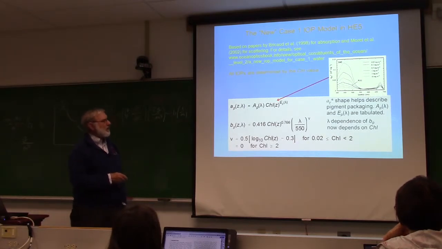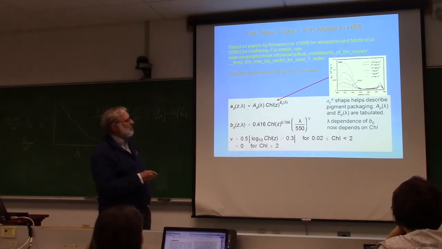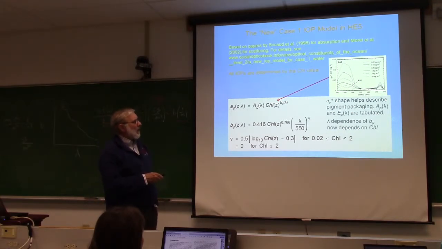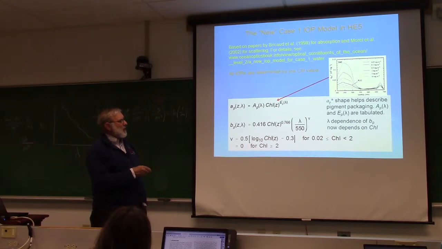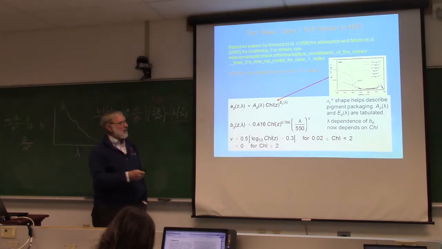And then she developed a model where we see at the upper curve 0.03 milligrams per cubic meter of chlorophyll, down to the lower, flatter curve, 10 milligrams per cubic meter. So, as you've learned, the shape of the chlorophyll-specific absorption depends on the chlorophyll concentration as you go from smaller particles to larger particles, and you get all the shading and pigment packaging and so forth.